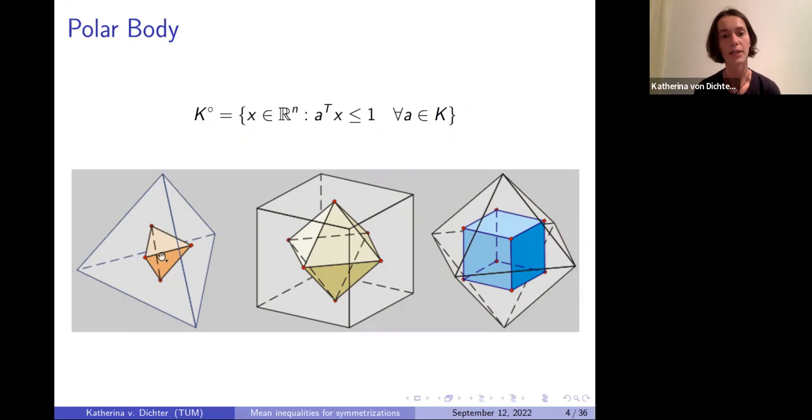The polar body is a rescaled and rotated version of itself. And here you have two other basic examples of polar bodies. The polar body is something like taking the inversion, because when you take a Euclidean ball of radius r, then the polar will again be a Euclidean ball, but its radius will be 1 over r. So it's something like taking the inverse of the distance to the boundary points.